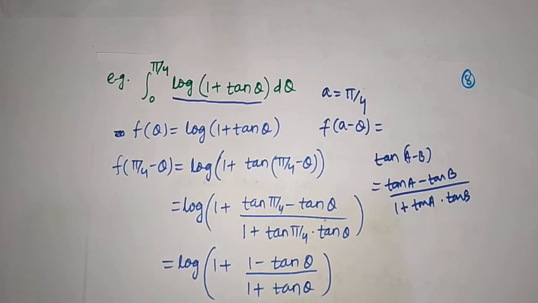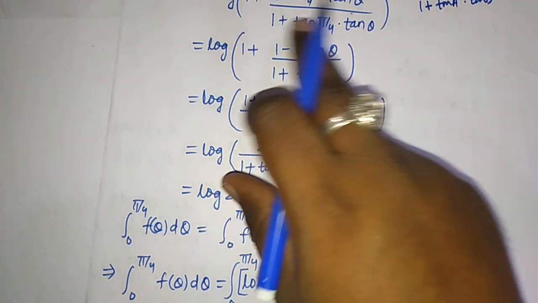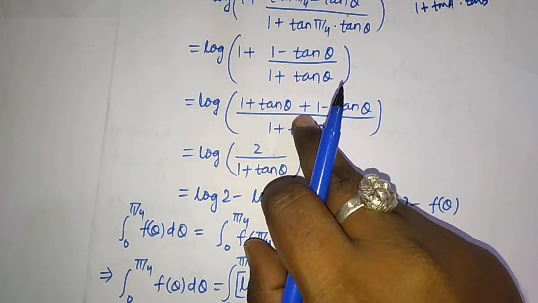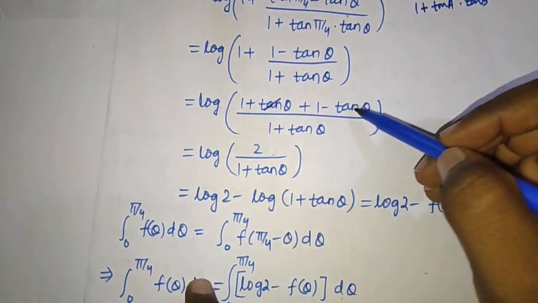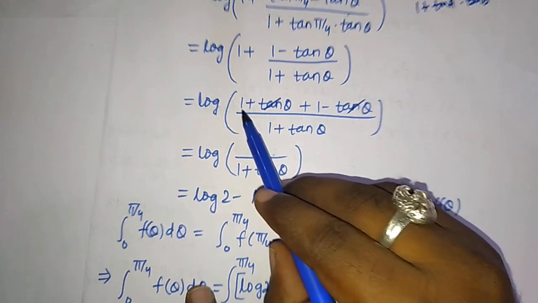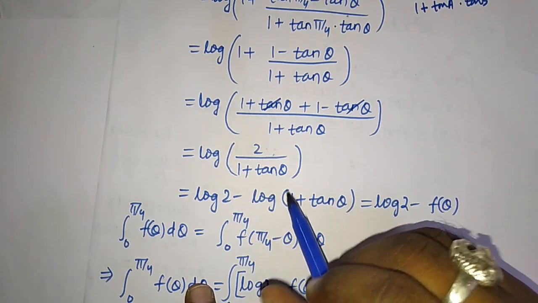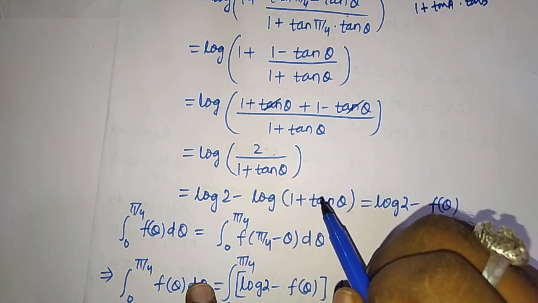Now take its LCM. After taking its LCM, you will get log of 1 plus tan theta plus 1 minus tan theta divided by 1 plus tan theta. Now here tan theta minus tan theta will be cancelled out, 1 plus 1 will be 2, and you have got log 2 by 1 plus tan theta, and you know log a by b equals log a minus log b.